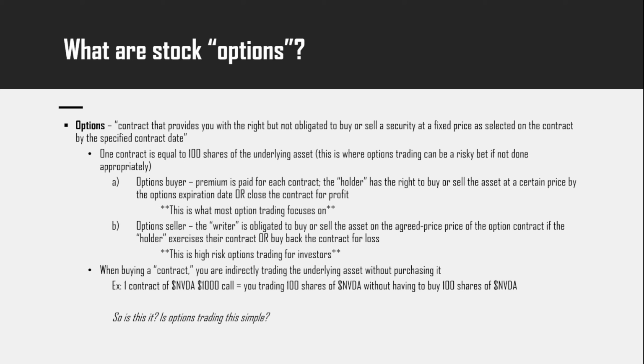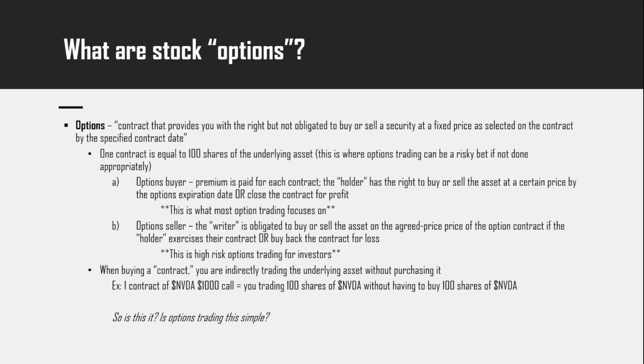Essentially, when you buy an options contract, say you buy a $1,000 call for next Friday, what it's basically saying is if Nvidia closes above $1,000 next Friday, and you still have that options contract and didn't sell it, it gives you the right to buy 100 shares of Nvidia at $1,000, even though the stock is at $1,100.